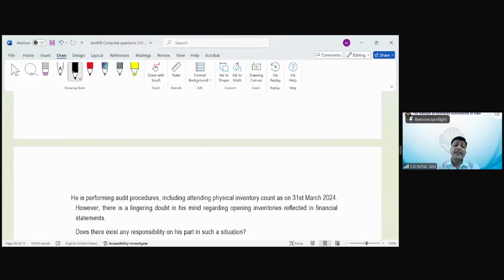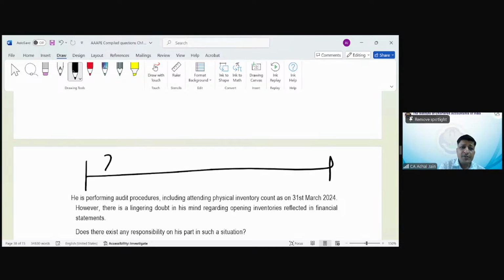However, there is a lingering doubt in his mind regarding the opening inventories. Why? Because 22-23 was audited by another firm, and now the CA is required to audit 23-24. Does there exist any responsibility on his part in such a situation? Over to you.